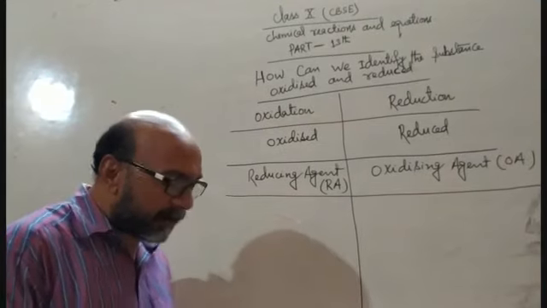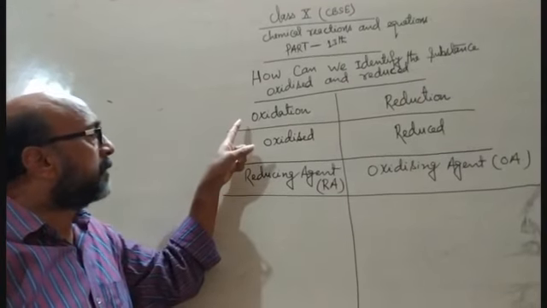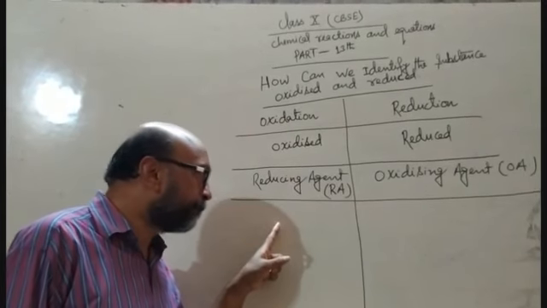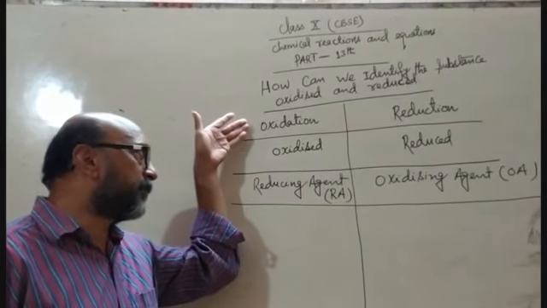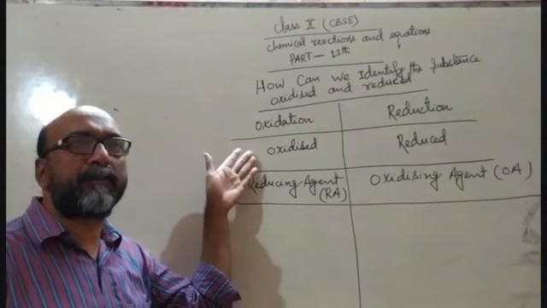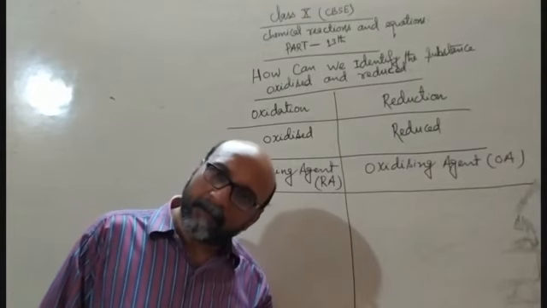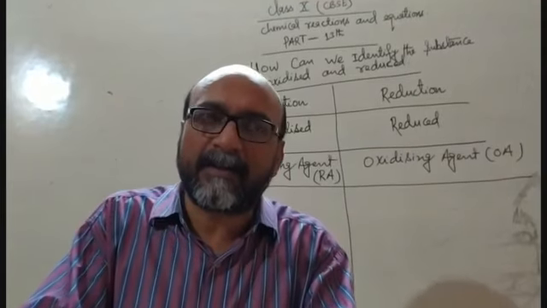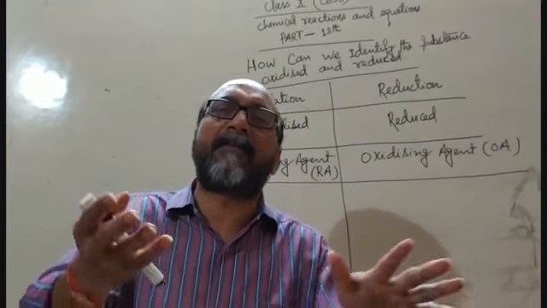These all three terms comparatively you need to learn, you need to keep these all terms in your memory, because questions are asked either on the basis of the process, oxidation and reduction, or the language of the question may be identify the substance oxidized and reduced, and the question may be asked as identify or indicate the reducing agent and oxidizing agent in the following reaction.